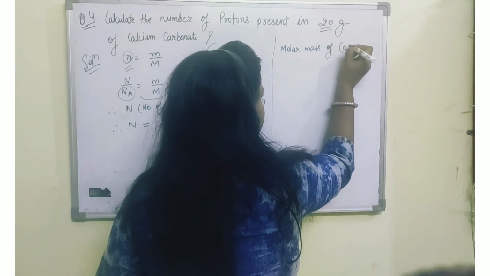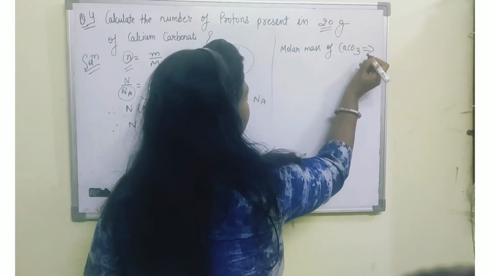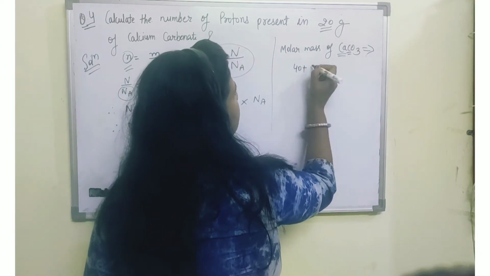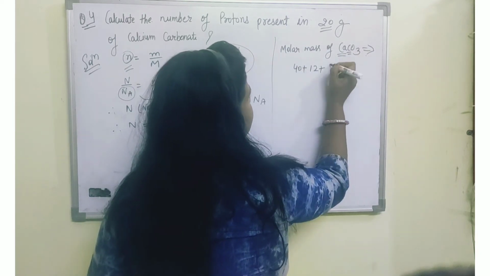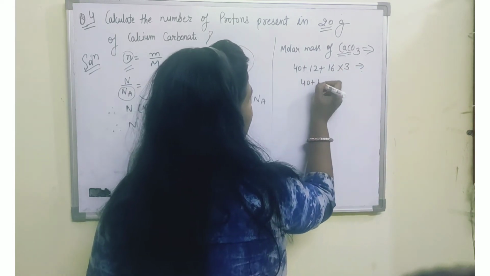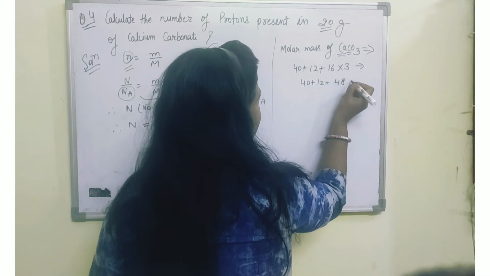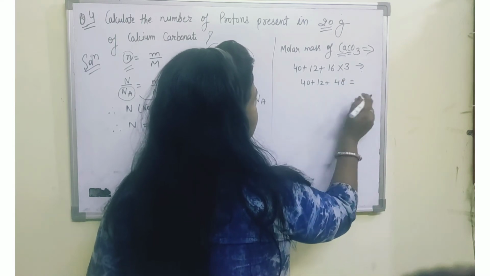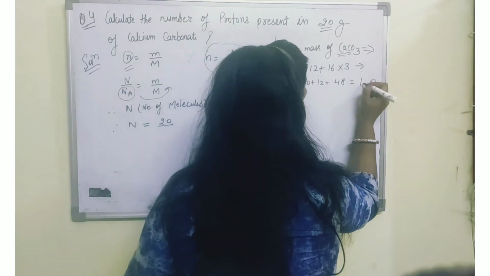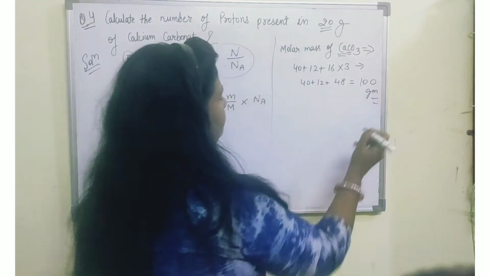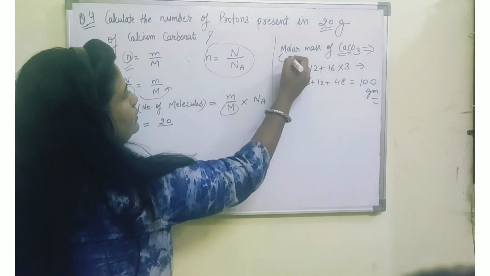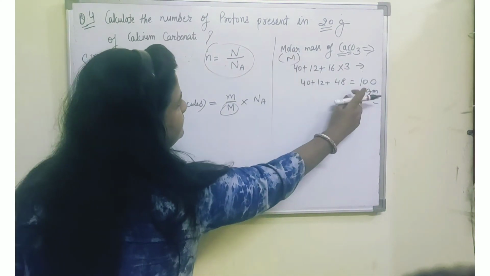The molar mass of CaCO3 will be equal to Ca atomic mass 40, carbon atomic mass 12, oxygen 16 multiplied by 3, therefore 40 plus 12 plus 48, which is 100 gram. So capital M is equal to 100.